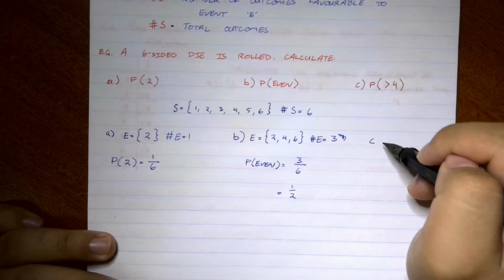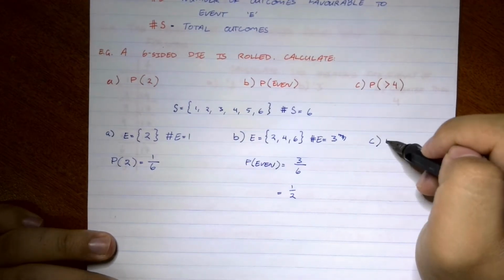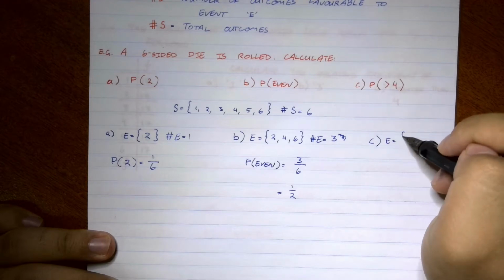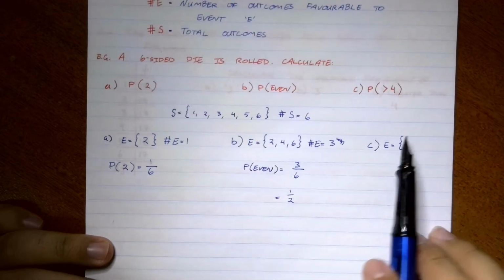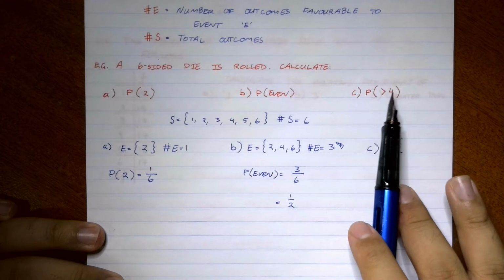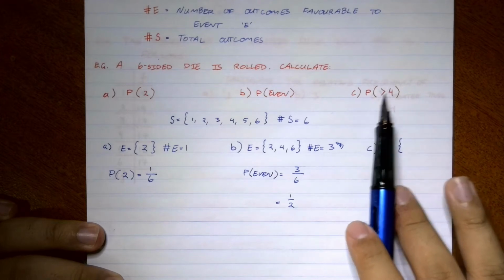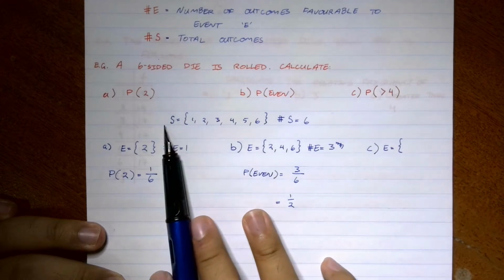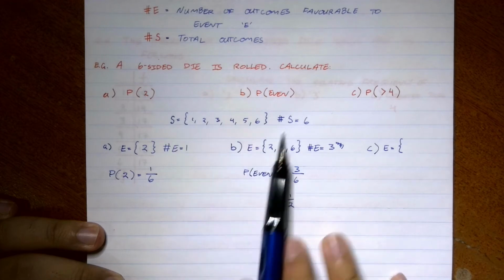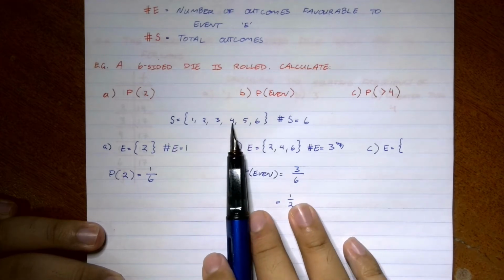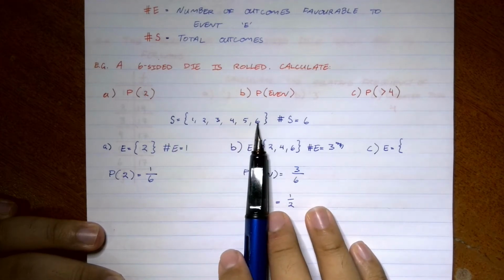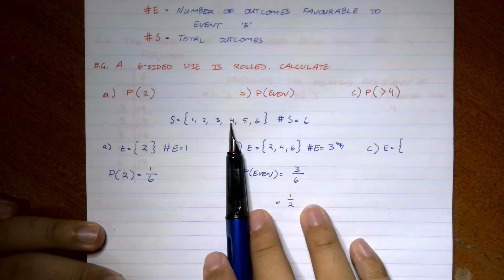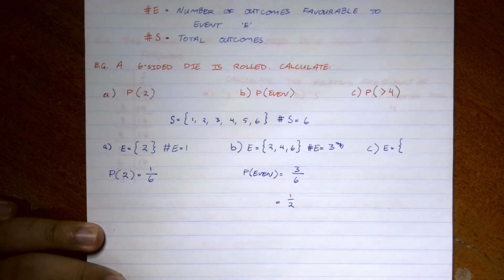So our last example here, our E, let's list the outcomes that favor greater than 4. So from our sample space, which numbers are greater than 4? Well, 5 and 6 are greater than 4, but 4 is not greater than 4.